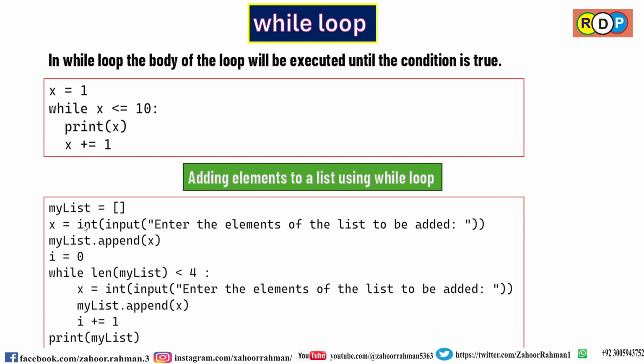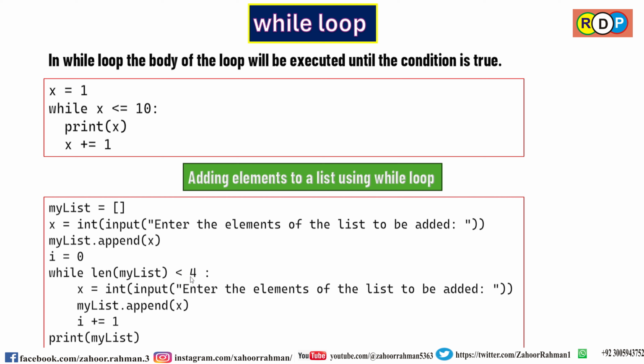So if the user is entering here 5, 5 will be added here due to this append x. This append x is also written here. So i is equal to 0, that is the initialization, and length is another function which will tell you how many elements are there in the list.